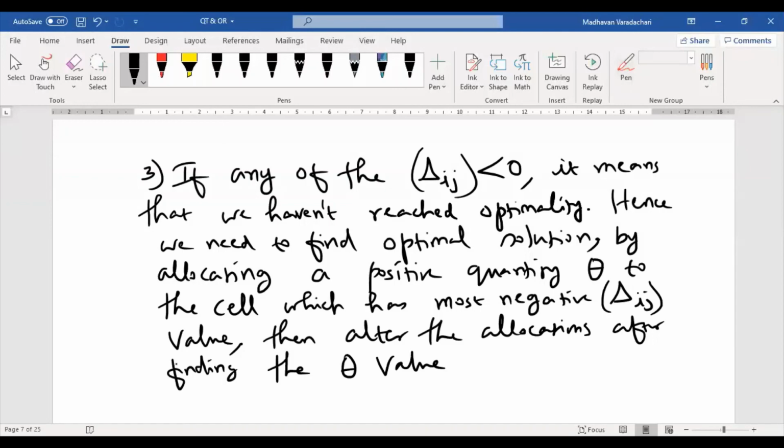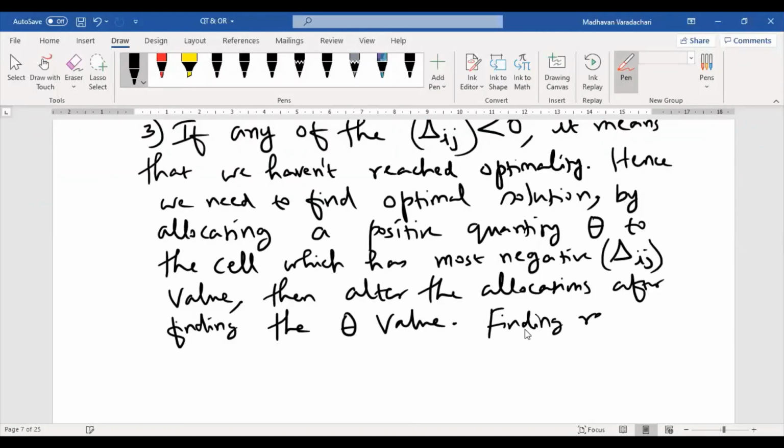Again, just keep on writing. Everything you will understand once I start explaining with the numerical problem. Redo the UV method to check for optimality.